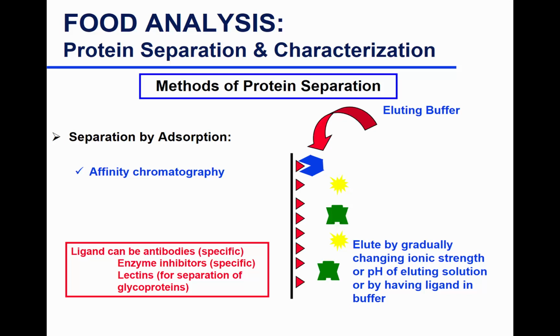Once you change the ionic strength and the pH, then you are changing the charges on that protein, then it will not interact as well with the functional group on the stationary phase. Or, if you're doing general protein separation with lectins, then you will add lectins to the buffer, then the protein will be displaced by interacting with the same group, but the one that is free in the buffer.